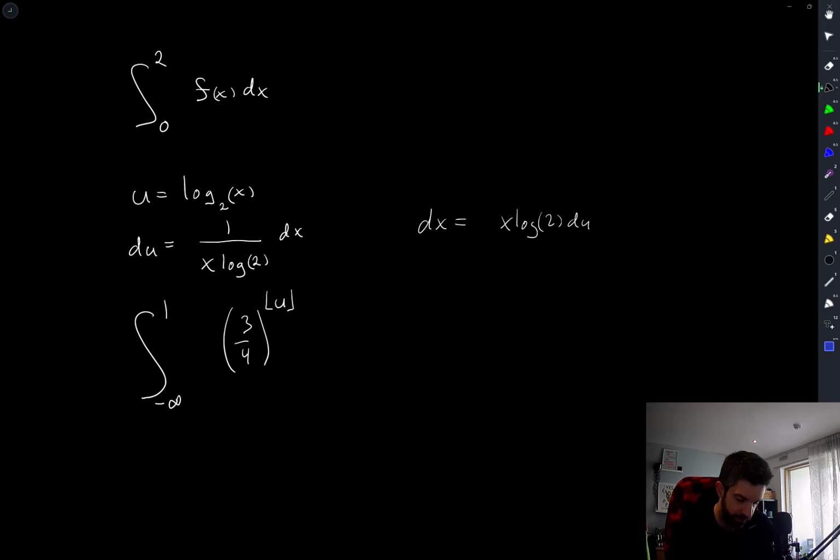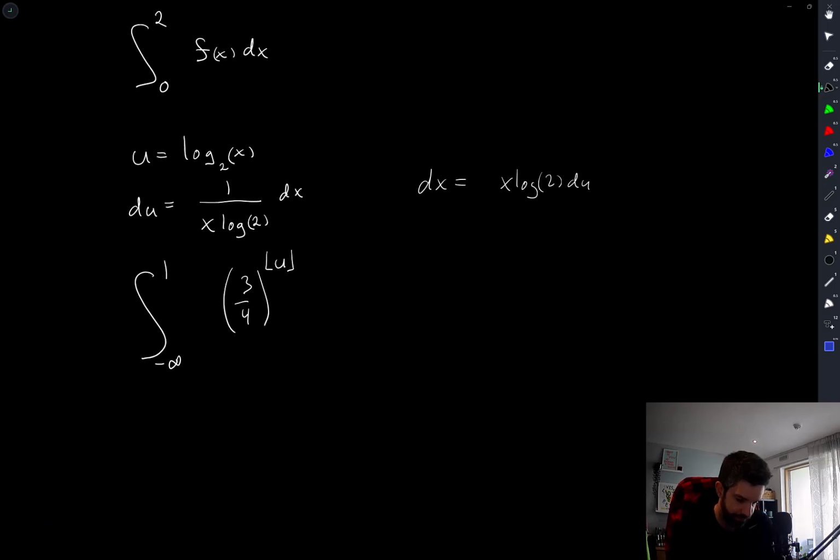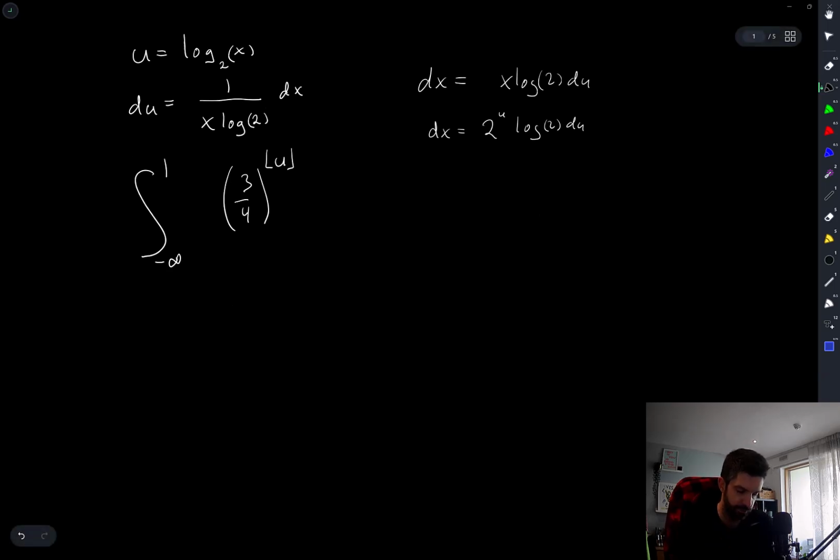Maybe this isn't the best way to do it. Can't believe I did the substitution wrong. So this becomes 2 to the u, log 2 out in front, times du. Seems a lot messier to actually work with.